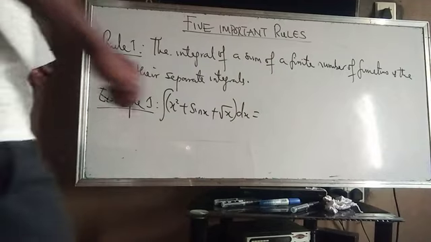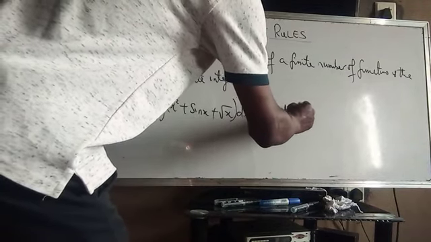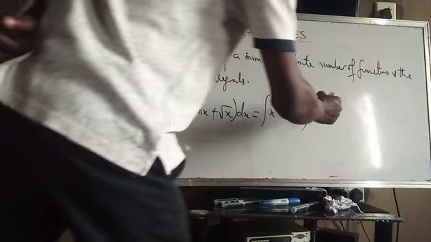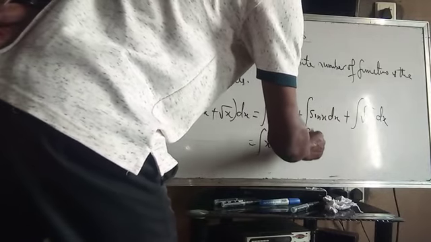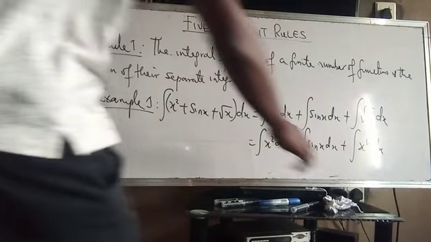Sum means that you separate this: integral of x squared dx, split them, as if you are expanding, sine x dx, then plus the last one, square root of x dx. So you can rewrite this as x squared dx plus sine x dx plus x raised to the power half dx. Okay? Now solve the problem.